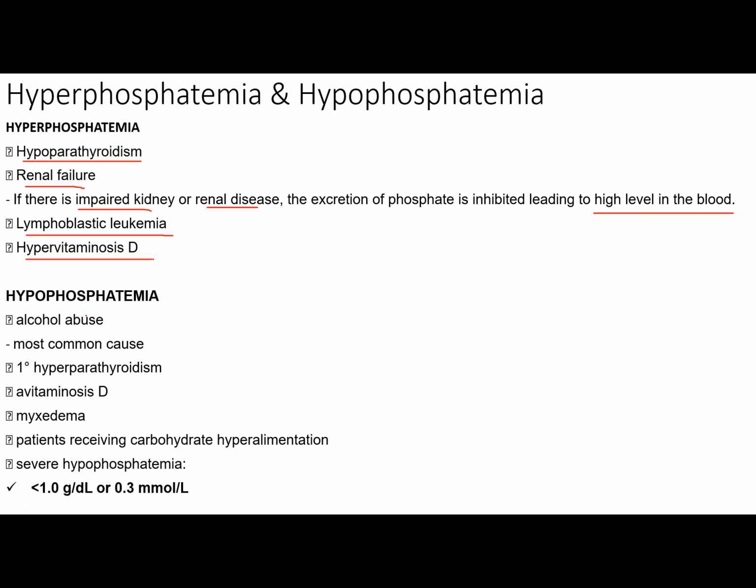Then hypophosphatemia or decreased phosphate is seen in alcohol abuse, which is the most common cause. Sa alcohol abuse kasi class, if you are an alcoholic, pansin nyo ang mga chronic alcoholics class, hindi na sila kumakain. They tend to forget to eat. Iinom na lang sila.